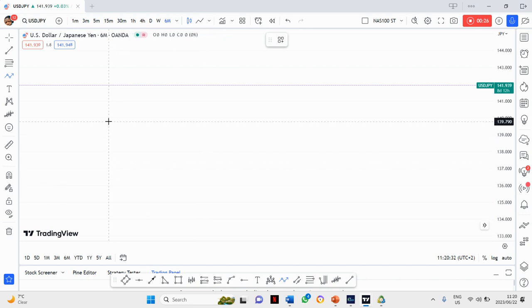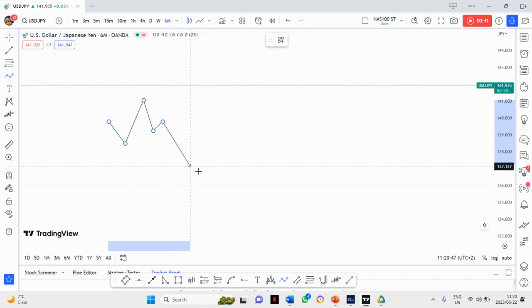So I will have to teach you how the market makers push the market, so that you understand the difference between the bearish breaker and the bullish breaker.